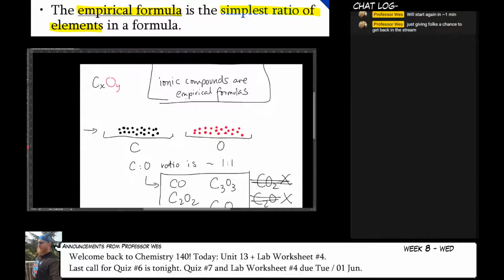So if we're doing an analysis of an ionic compound, of which the substance in our lab that we're going to be doing this week is an ionic compound, you get the empirical formula and you're done. You're all set. But if you're working with something molecular, you may or may not get the substance that you're looking for. And we have an extra step that we'll tack on the end that deals with that.